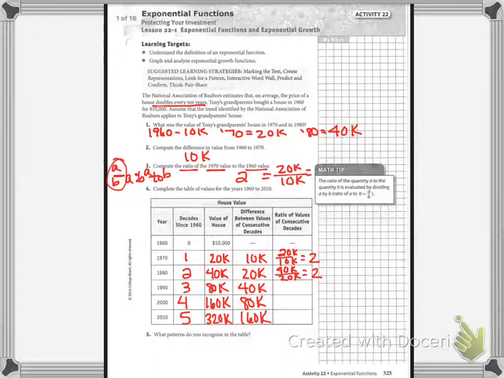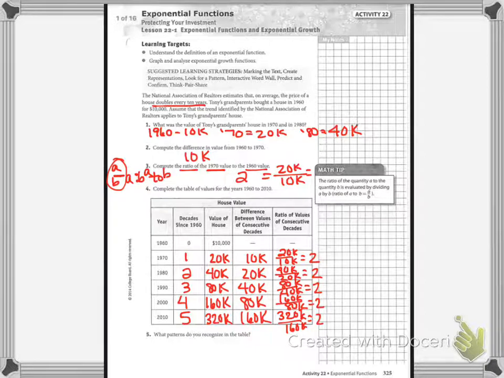And you should see a pattern here: then we have the 80,000 compared to the 40,000. So it's the next decade compared to the current. Again, 2. 160 and 80 is going to be 2, and then 320 over 160 is again 2. And that 2 pattern is going to be important.